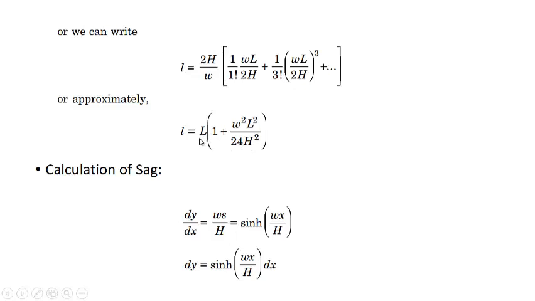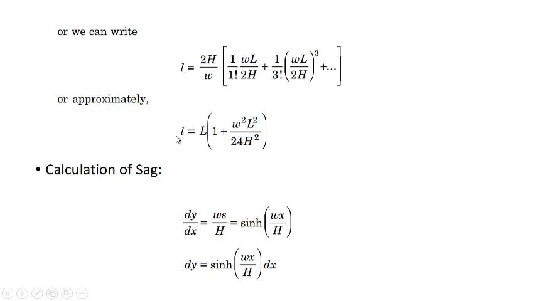When L is taken outside, it will be 1 plus W square L square divided by 24 h square. So I hope you understood this. And this is the total length of the conductor. So we actually neglected all other higher terms because that will contribute a very small value to this.